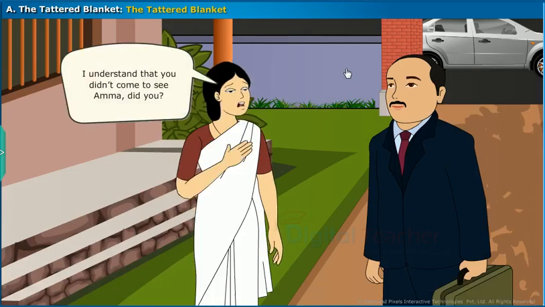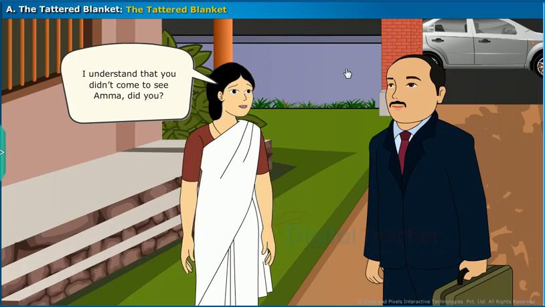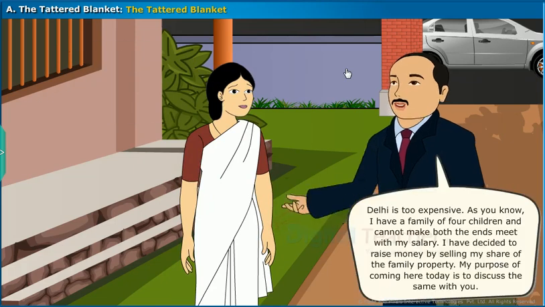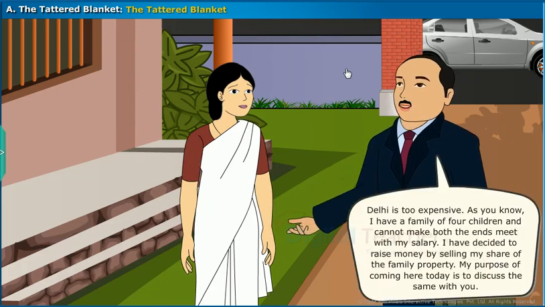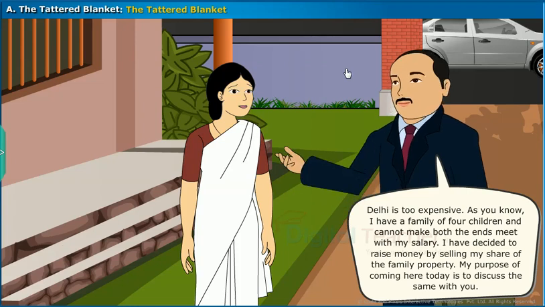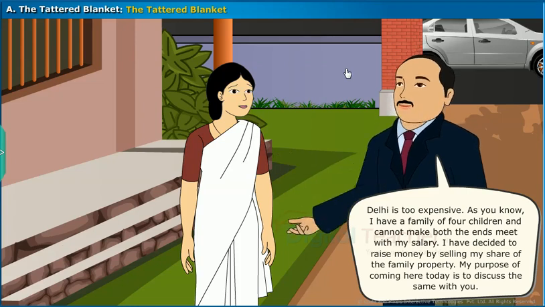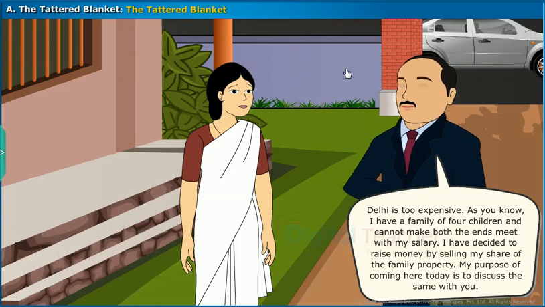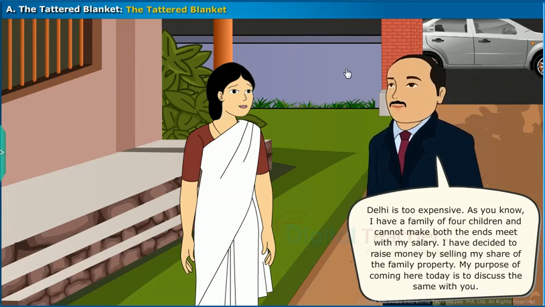I understand that you didn't come to see Amma, did you? Delhi is too expensive, as you know. I have a family of 4 children and cannot make both the ends meet with my salary. I have decided to raise money by selling my share of the family property. My purpose of coming here today is to discuss the same with you.